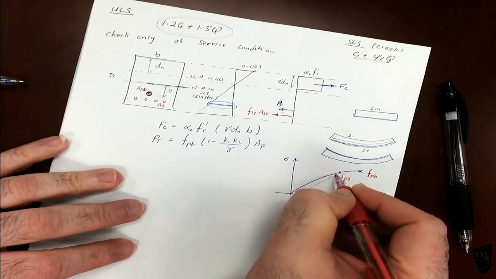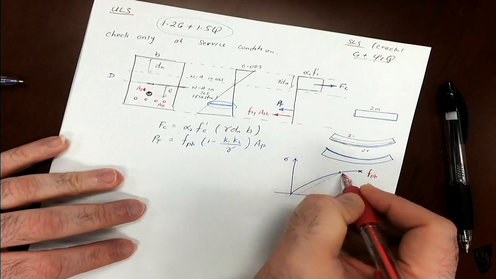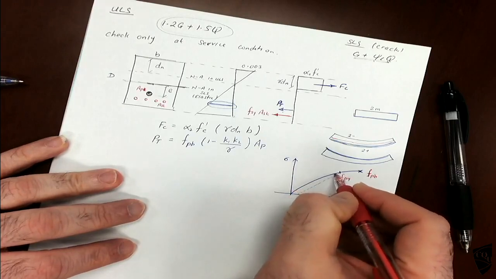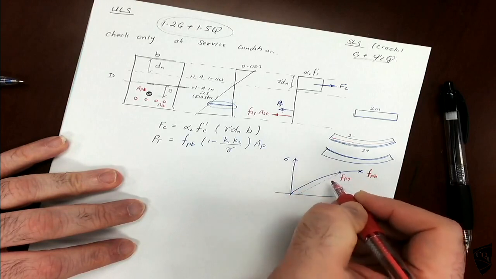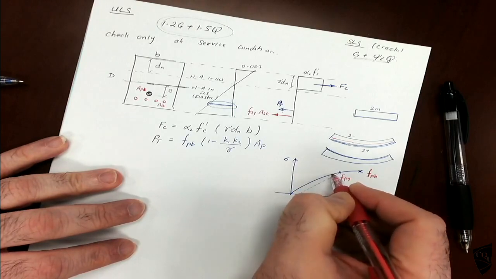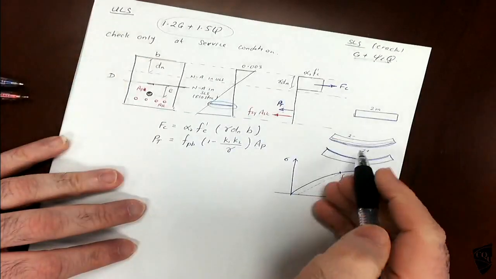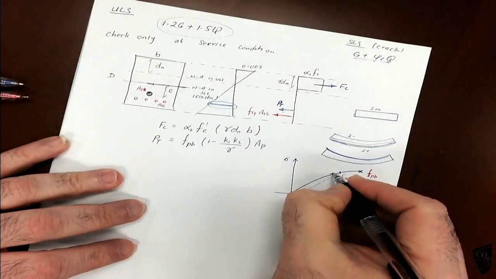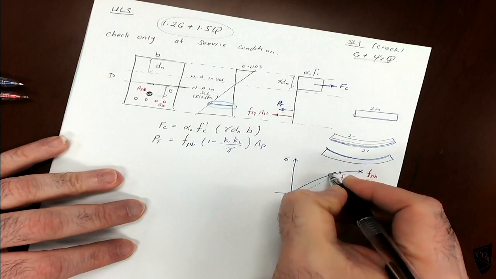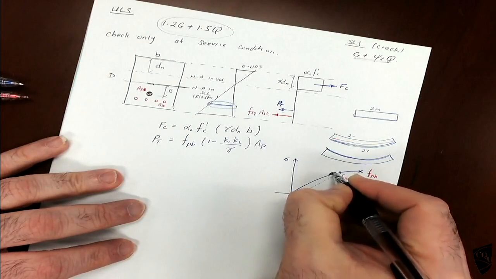Under the service load, we don't want to exceed the yielding point, so our loading will be somewhere here, within this range.